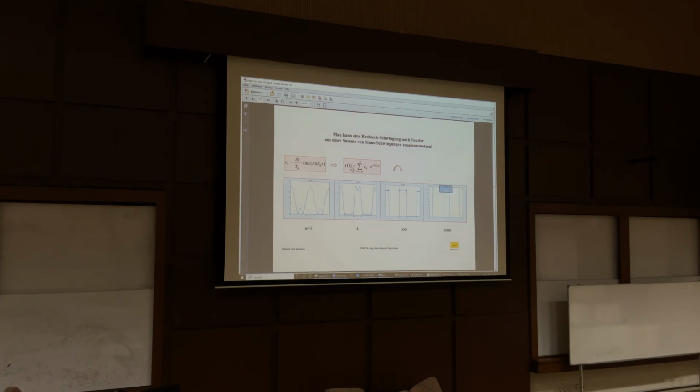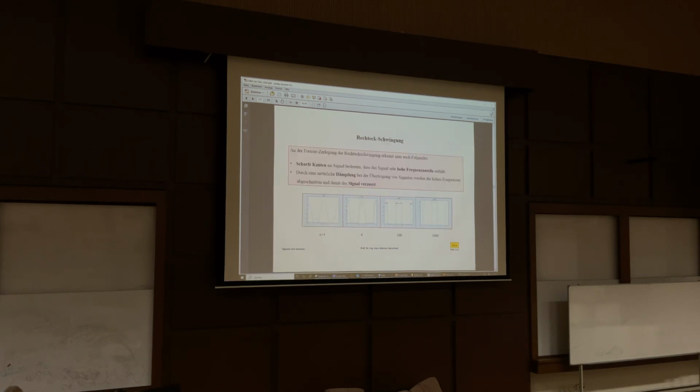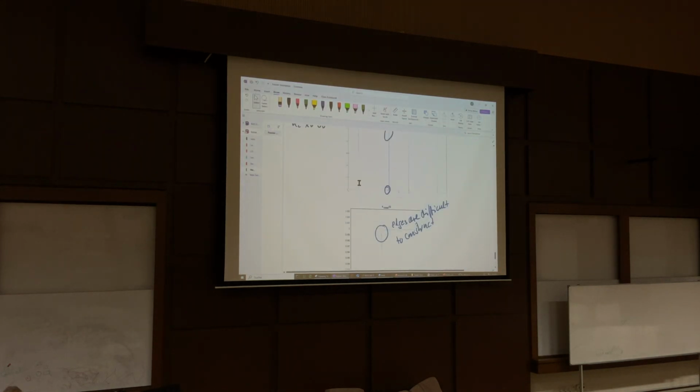And you remember here, Fourier stated you need an infinite number of those sinus x over x, so an infinite number of overlays. In practical use, this is not possible. We always have a finite number, and remember we saw yesterday when you put here 10,000, that was nearly an exact rectangular pulse train.